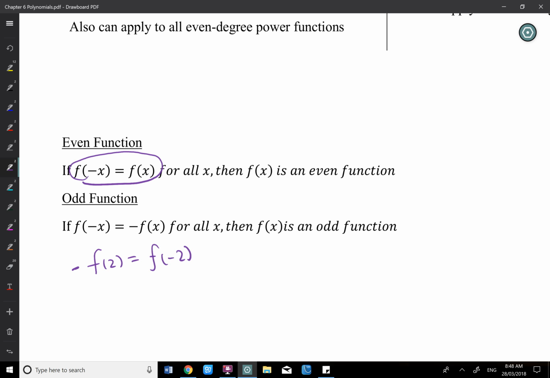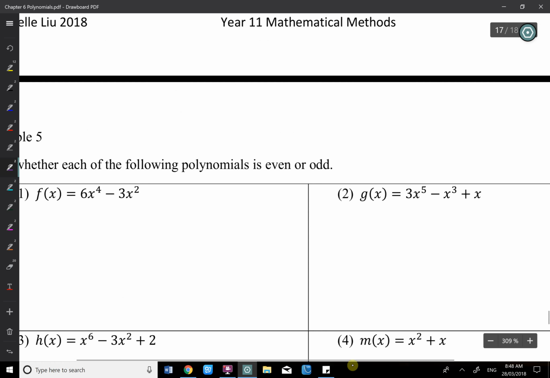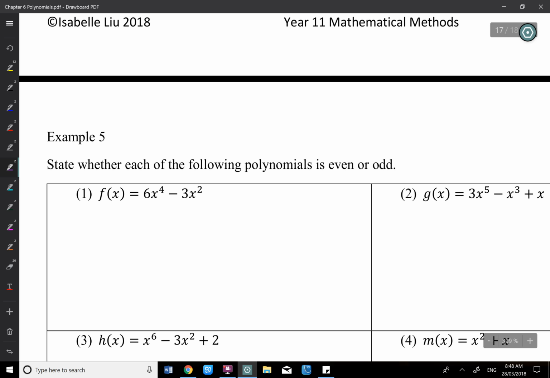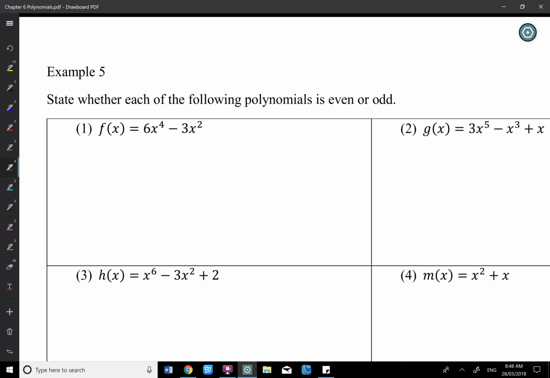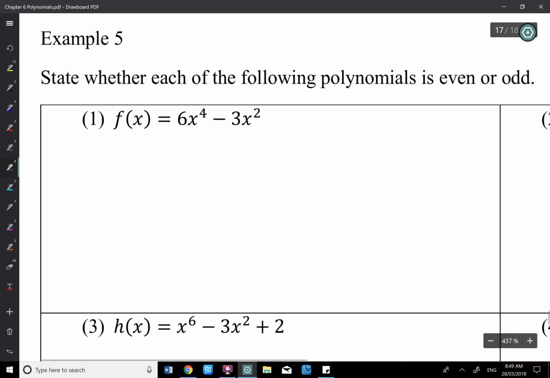Then how can we test whether it is an even function, an odd function, or neither? State whether each of the following polynomials is even or odd. Well, we can sketch it, but that's too slow and sometimes not that accurate.